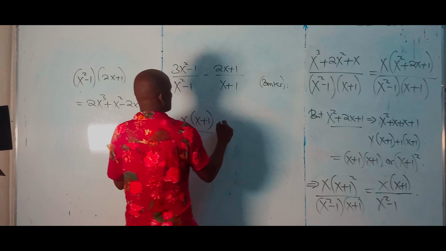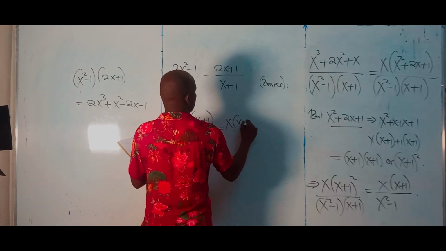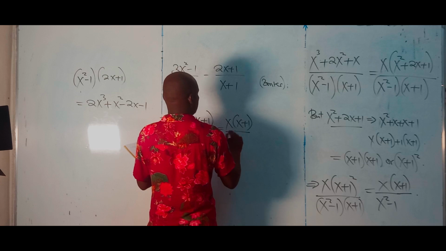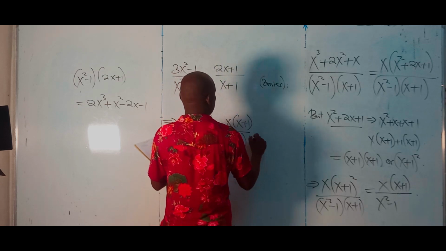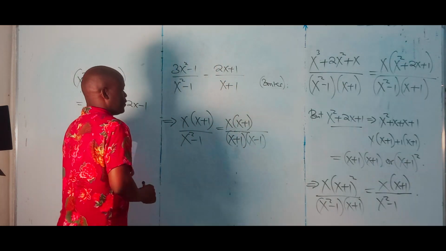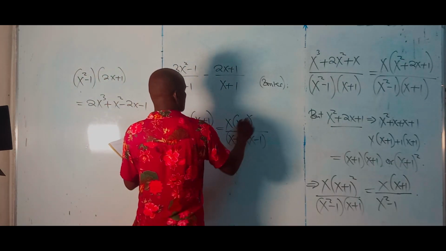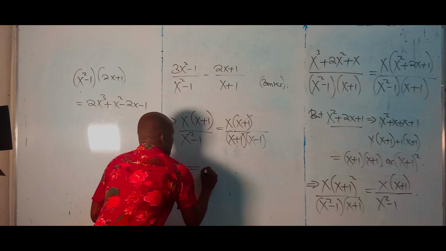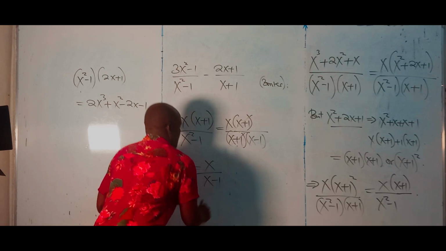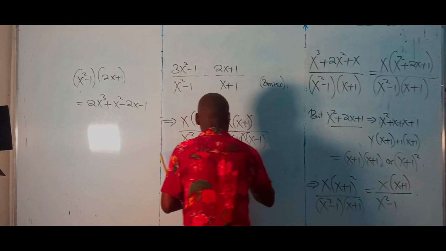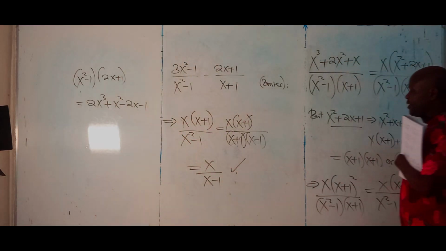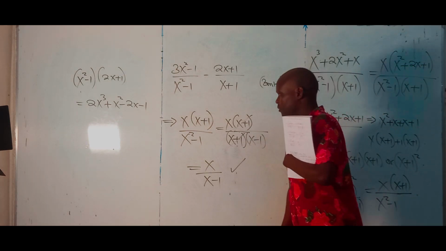But x squared minus 1 we can write as x plus 1 times x minus 1, difference of two squares. So in which case this again cancels that. And then my answer is x over x minus 1. That's the answer. So up to there, see you in my next video.